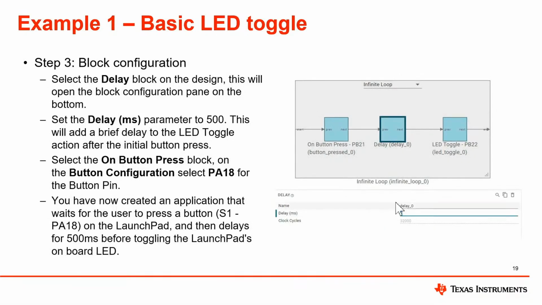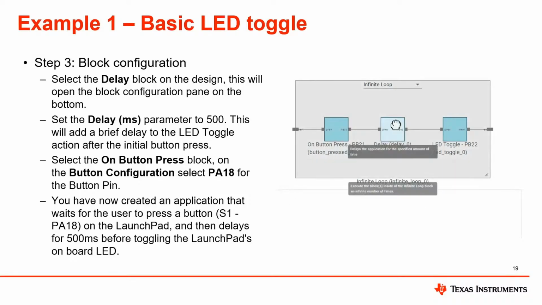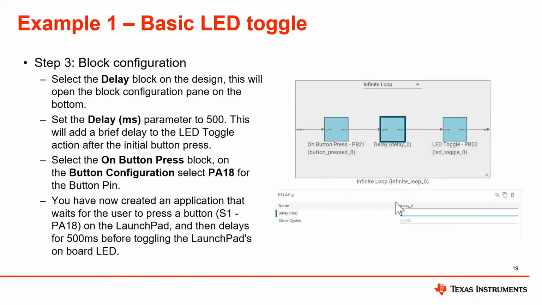The last step here for this entry example is configuring each of the blocks. As you can see, when you click into a block, there are specific configurations that are made available to you. Very similar to the sysconfig tool that we mentioned earlier, you can select the configuration, the pin you want the block on, as well as different speeds, different variables, everything there.